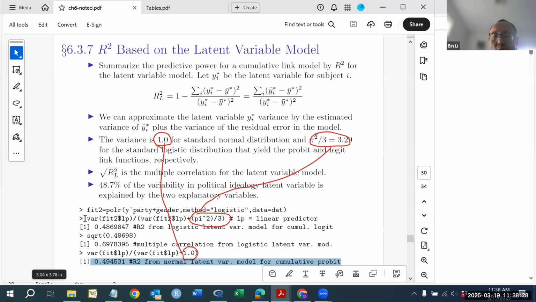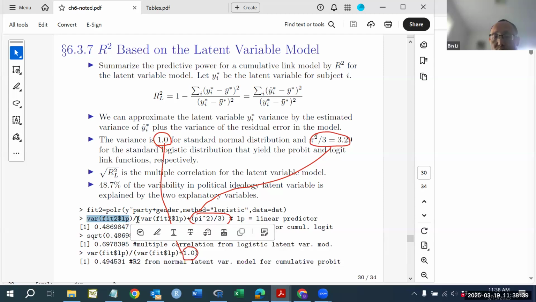Look at how I calculate the R square. I use the variance of the linear predictor over the variance of the linear predictor plus the error. That's how we define R square, right?